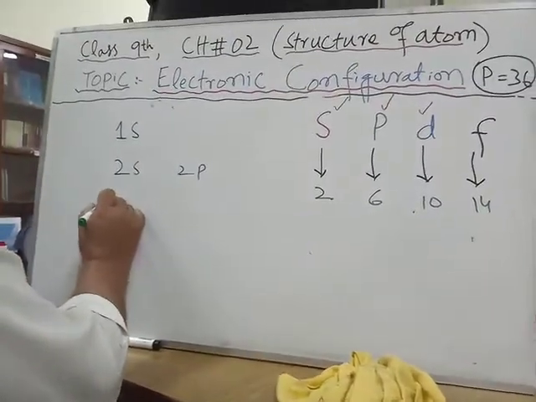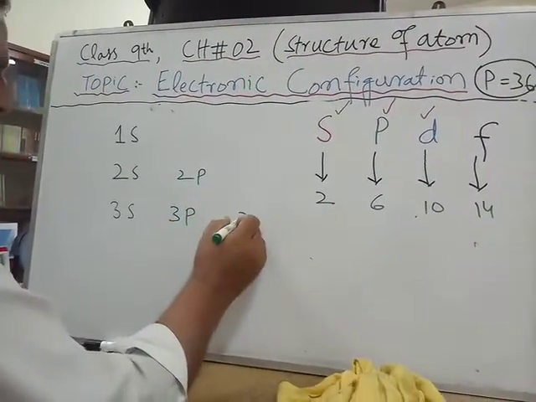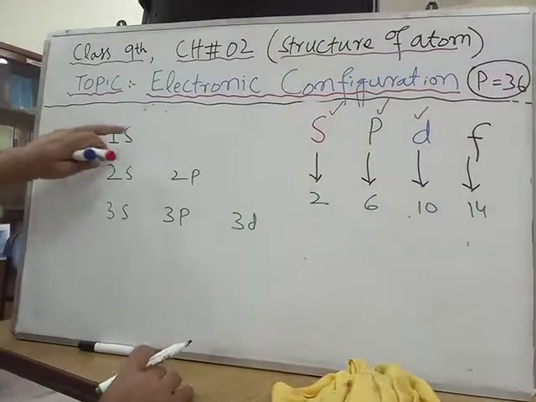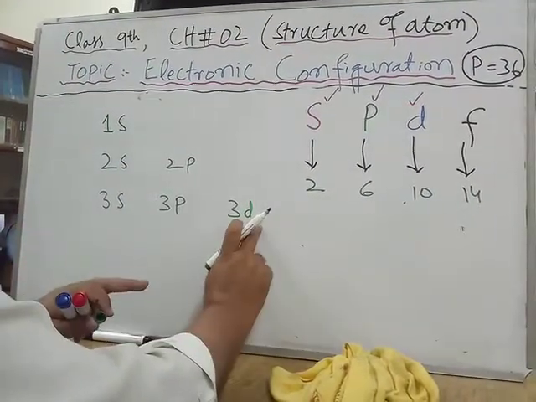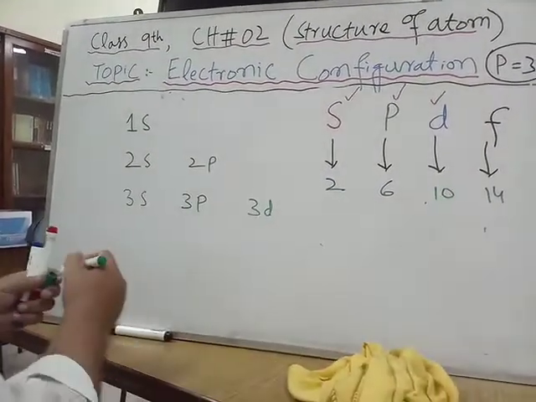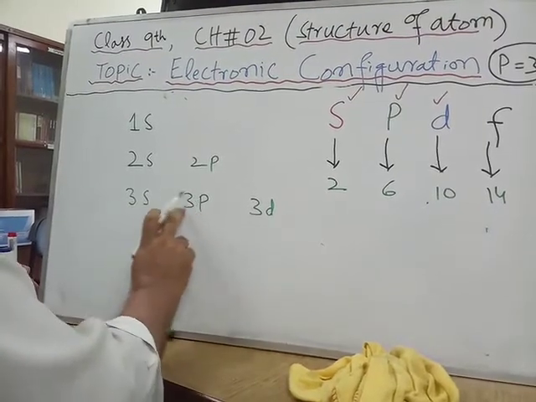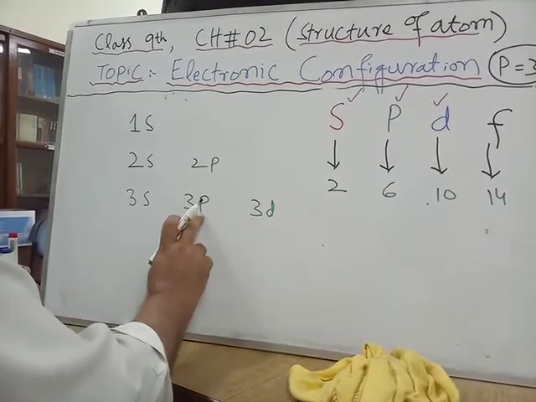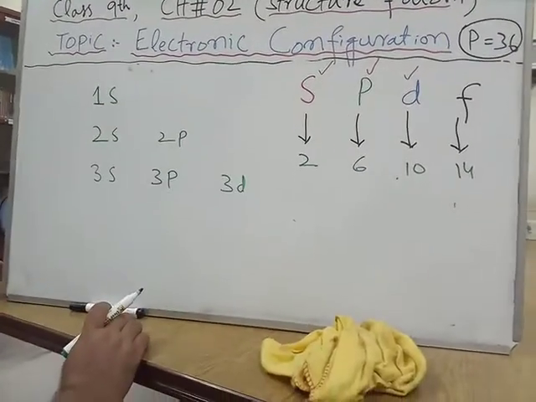So now 3S, 3P and 3D. First was 1S, then 2S 2P, then 3S 3P and 3D, and next we will move towards F. So here 2 electrons and 6, 2 and 6, 8 plus 10, 18. So the third shell can accommodate a maximum of 18 electrons.